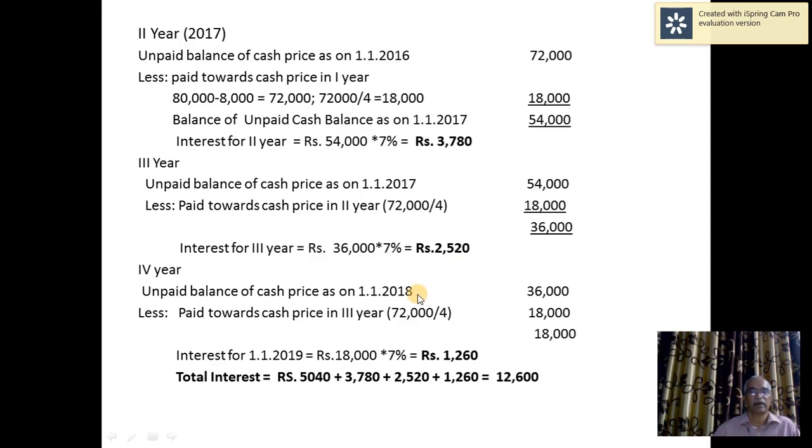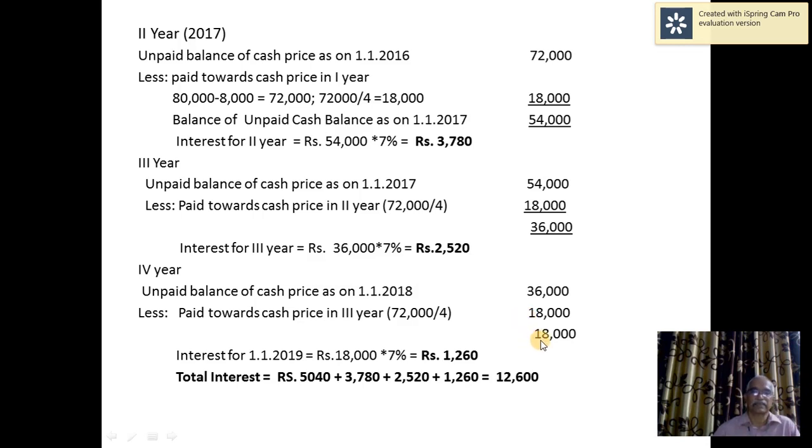Then we will come to the last year, that is 2018. So unpaid balance of cash price as on 1/1/2018, that is 36,000, less paid towards cash price in third year, that is 18,000.